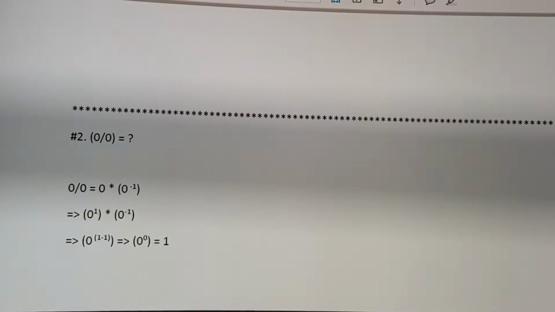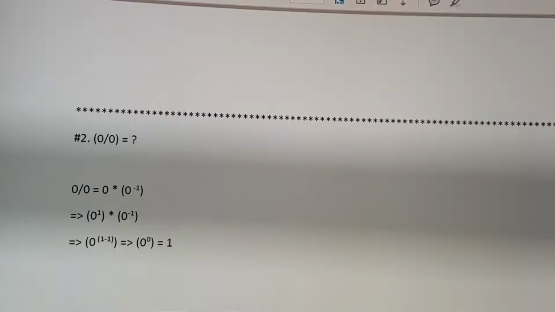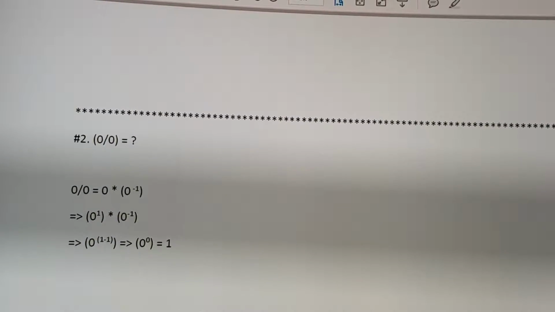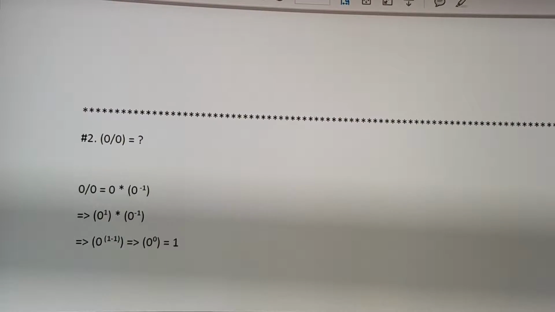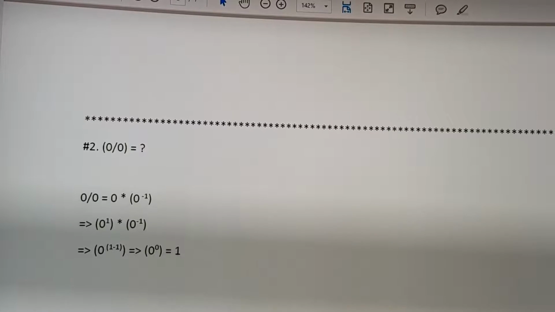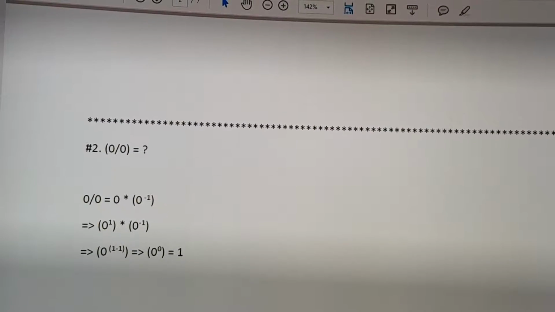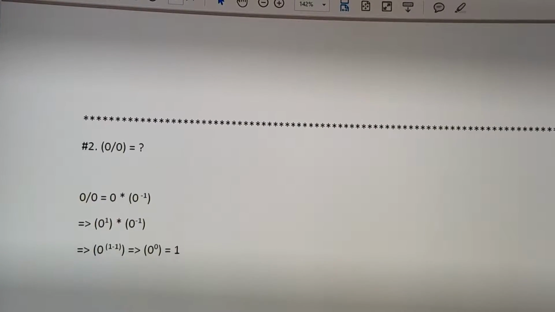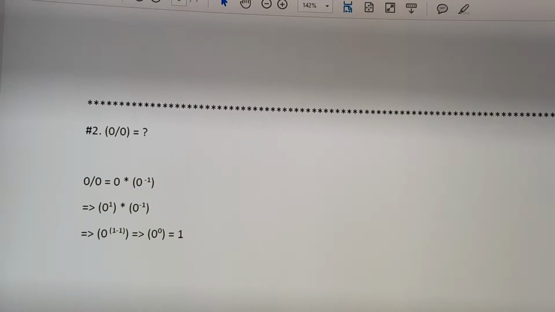So obviously this can be written as 0 to the power of 1 into 0 to the power of minus 1, and then you can add up the powers, so it results in 0 to the power of 0. We already have proven that 0 to the power of 0 is equal to 1 in the previous evaluation. So obviously 0 by 0 is equal to 1. We'll be using these in our future evaluations of indeterminate forms.